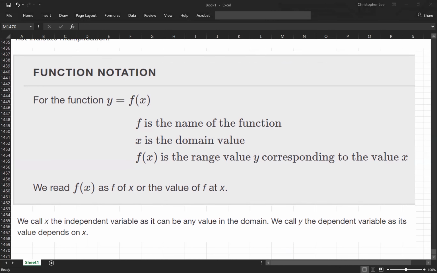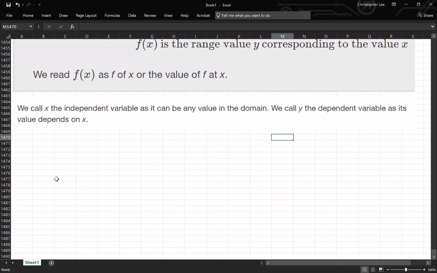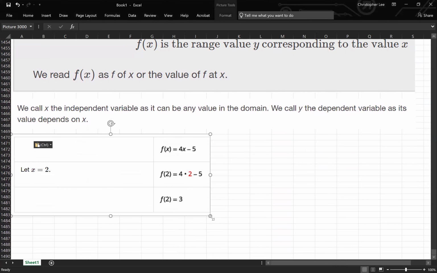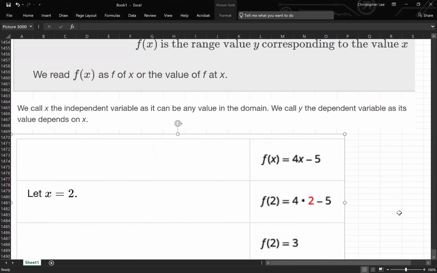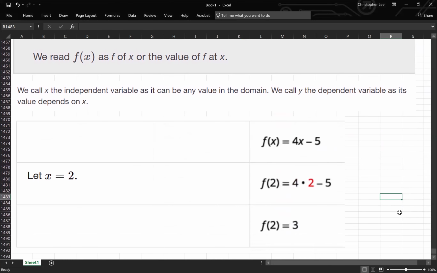Real quick, let me just show y'all what I'm trying to describe here. Even though we've been doing it already, I just want to elaborate. So if I have a function f of x is equal to 4x minus 5, and then I say let x equal 2, that means I'm asking what is f of 2? So what you're going to do is take the 2 and plug it into the equation.